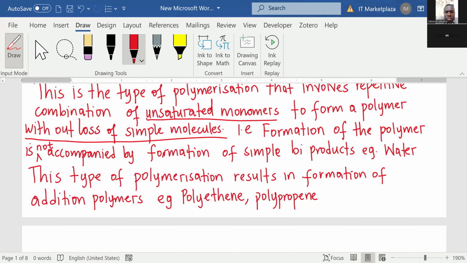We also have polyvinyl chloride, among others.